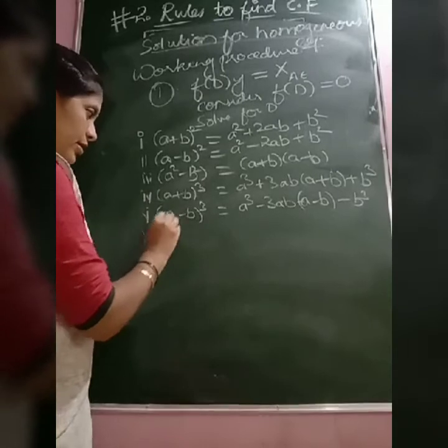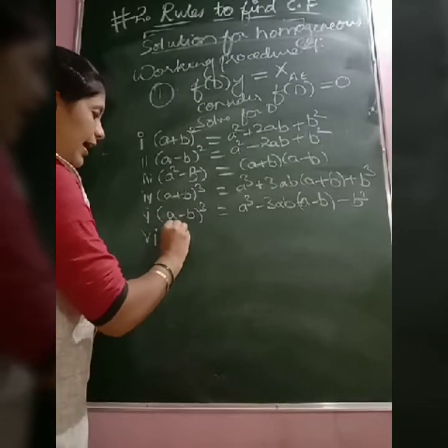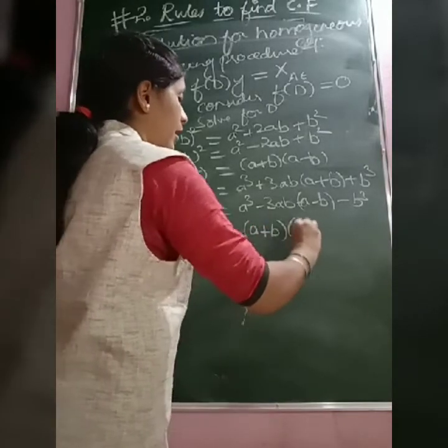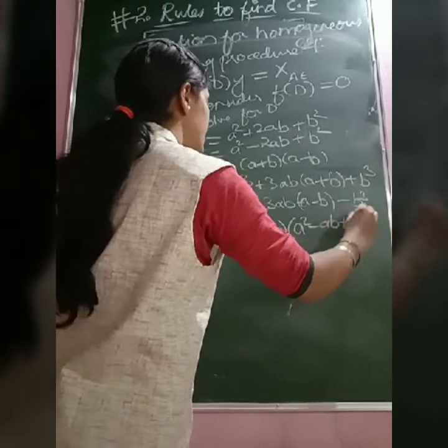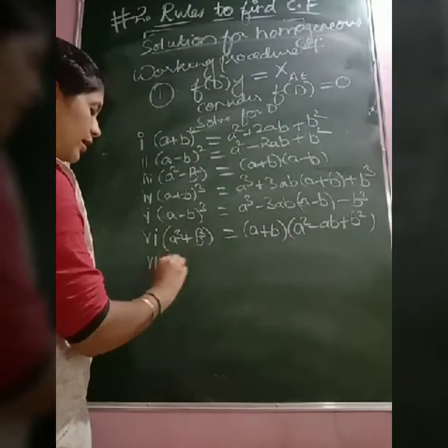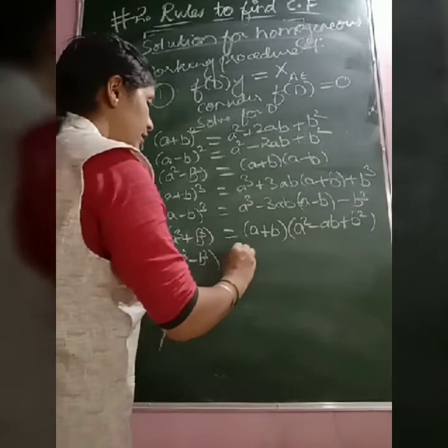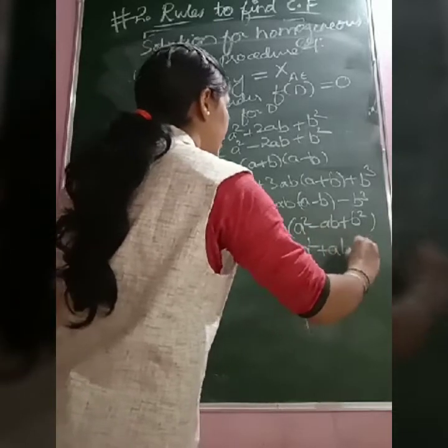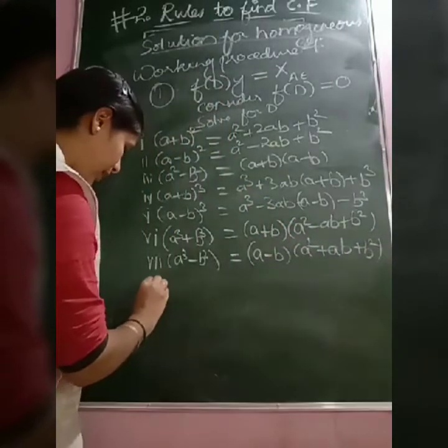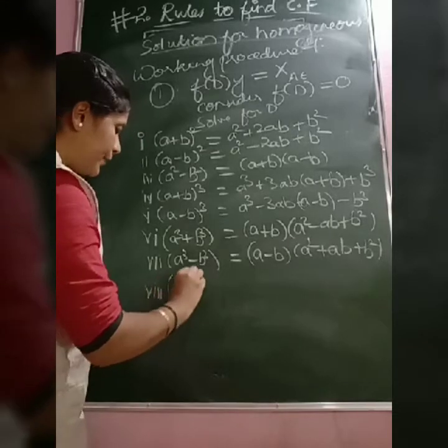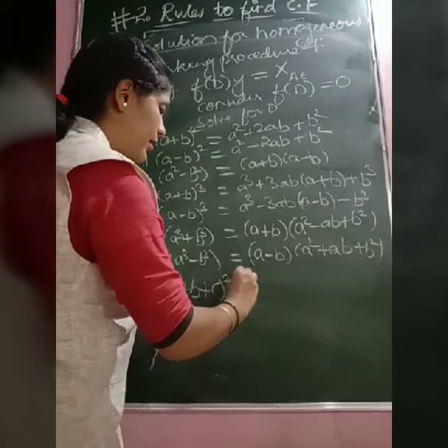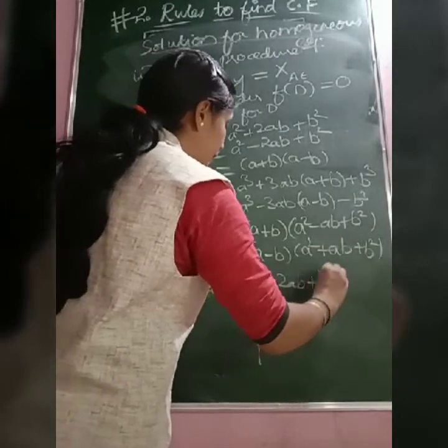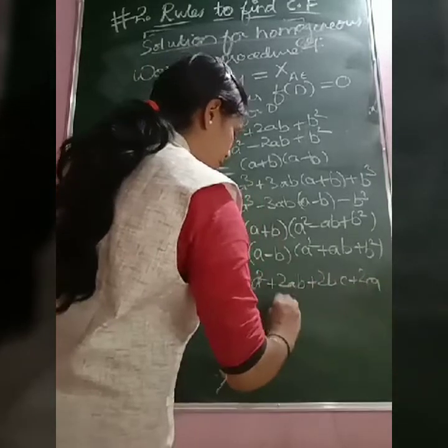Then a cube plus b cube is (a plus b)(a square minus ab plus b square). And the seventh one, a cube minus b cube, is (a minus b)(a square plus ab plus b square). And one more last one: (a plus b plus c) whole square, which everybody knows, is a square plus b square plus c square plus 2ab plus 2bc plus 2ca.